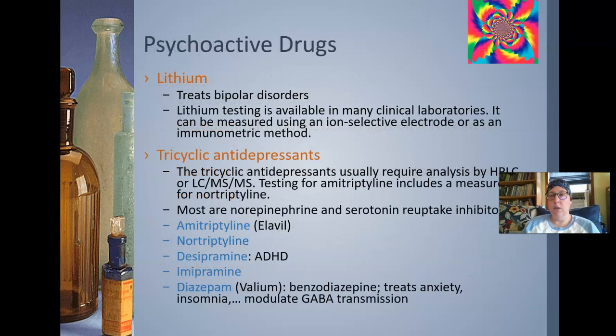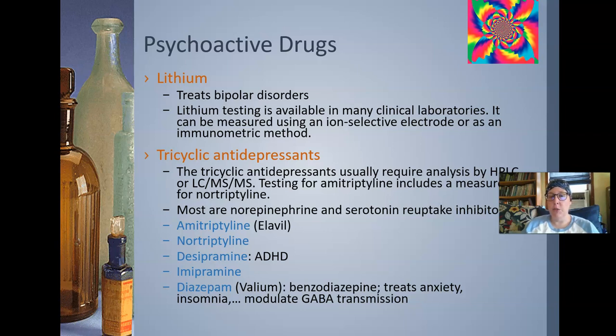And then you have your psychoactive drugs. So you have lithium. Lithium treats bipolar disorders. Lithium testing is available in many clinical laboratories. You usually do an ion selective electrode or an immunoassay, an immunometric type of method, commonly done. And then you have your TCAs, tricyclic antidepressants. If you have to assess them, they'll be done by high performance liquid chromatography or liquid chromatography in tandem mass spec, and usually sent to a reference lab, obviously.